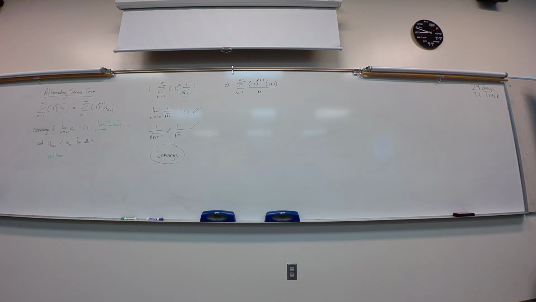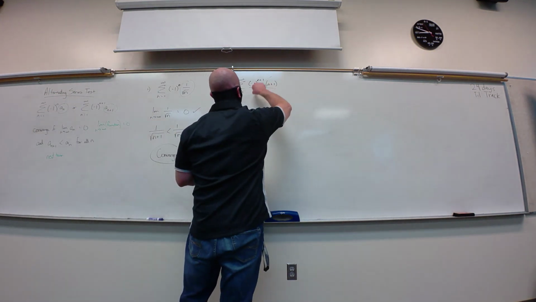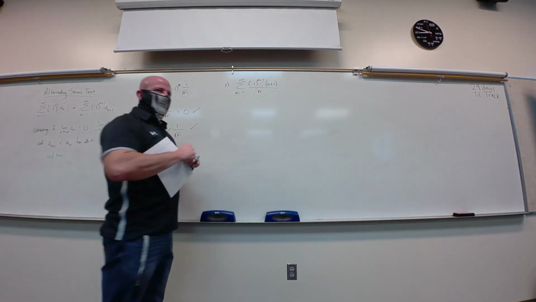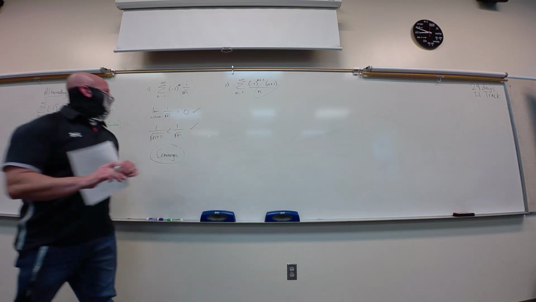I don't care if that's a plus or minus, whatever, that's still going to make it alternating. Okay? This one would just start with the positive instead of the negative like the previous one. So it's alternating. Okay? I'm going to check my function piece here. So I'm looking at this guy right here, the part that's not the alternating piece.